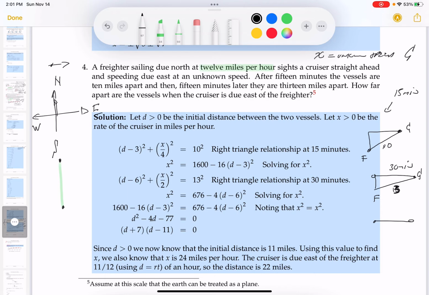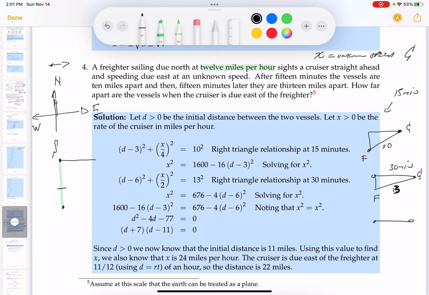So let's take a look here, right? So freighter sailing due north, 12 miles per hour, sights a cruiser ahead, speeding due east at an unknown speed. After 15 minutes, the vessels are 10 miles apart. So in 15 minutes, this guy's closing in on him, right? And this guy's over here somewhere.